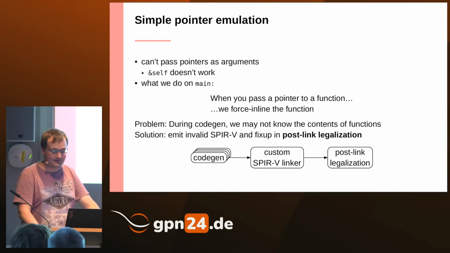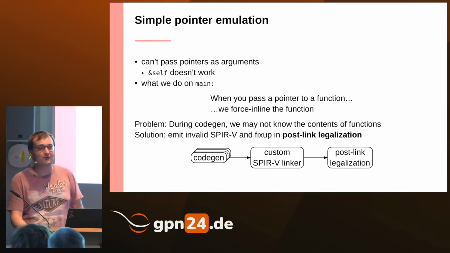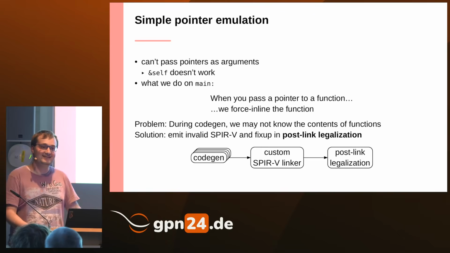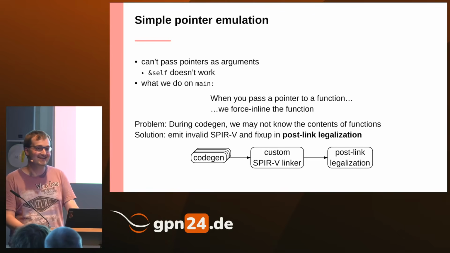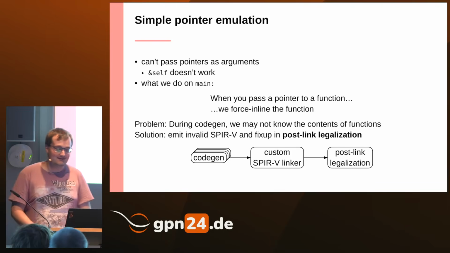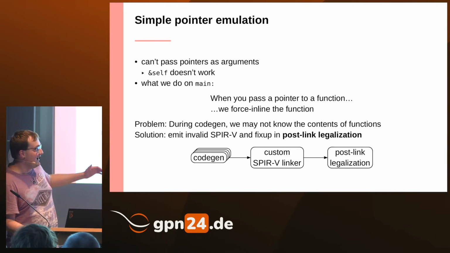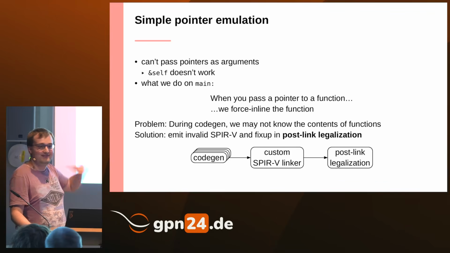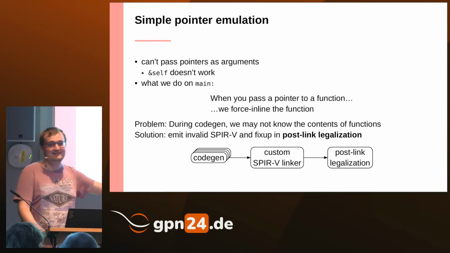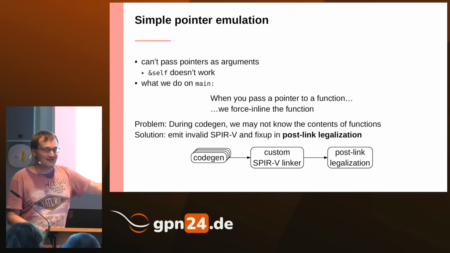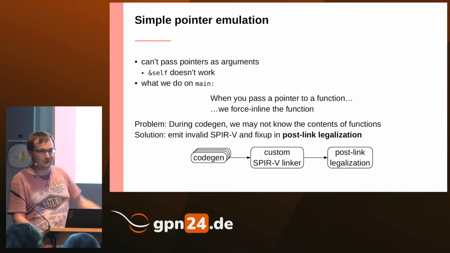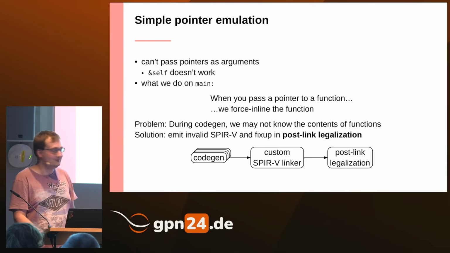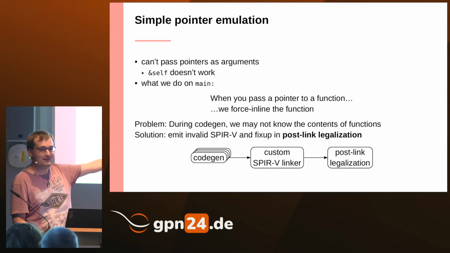So what we do is we append something we call the post-link legalization, which is a fancy name for basically saying, I don't care what we emit at CodeGen. We can emit some SPIR-V which is totally illegal, and who cares, as long as the post-link legalization cleans it up. So we emit everything at CodeGen time as usual, with references as they are legal, and post-link just does the inlining for us.